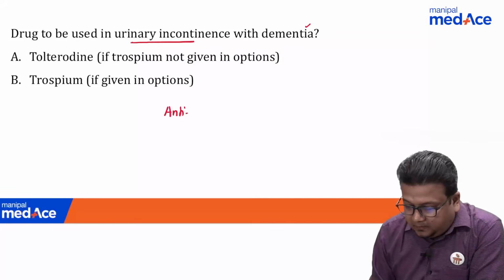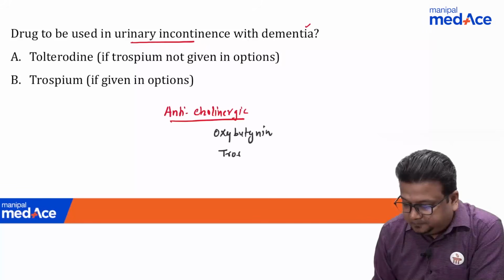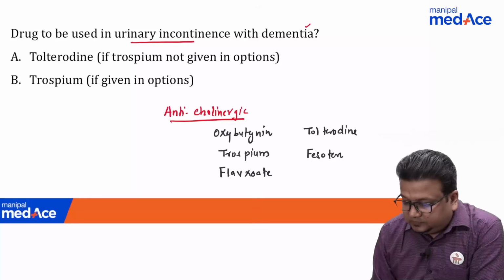That we know that anticholinergic drugs such as oxybutynin, such as trospium, flavoxate, tolterodine, fesoterodine, solifenacin.